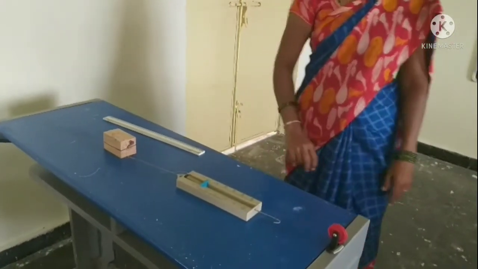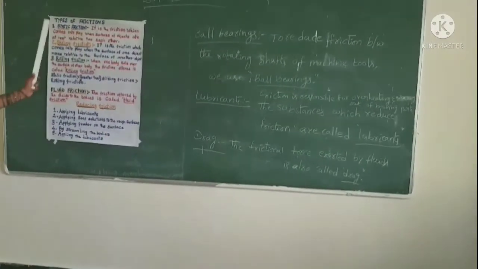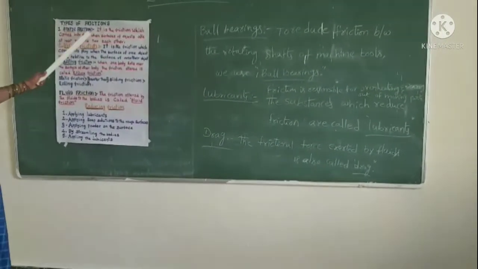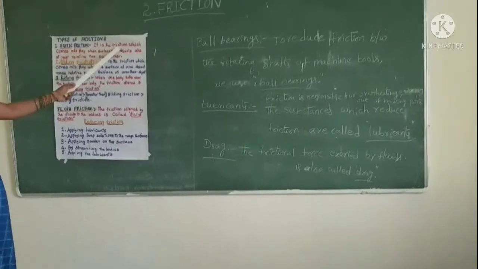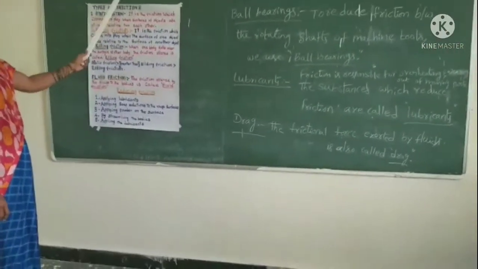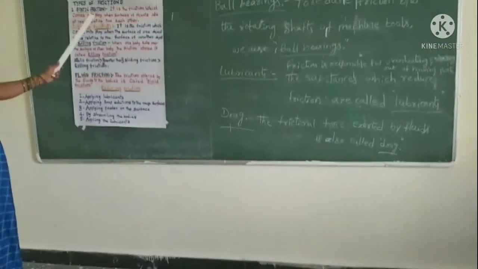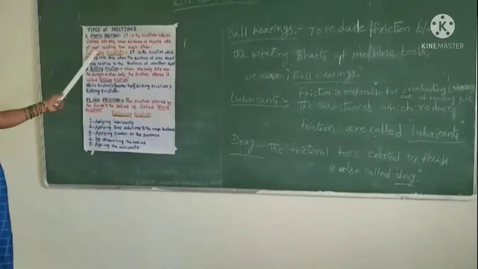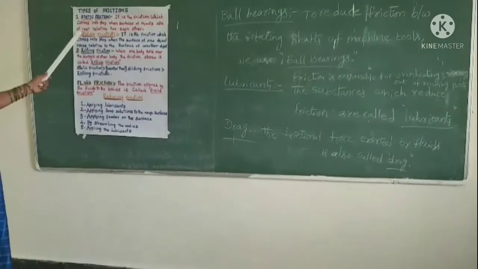Okay. Types of friction. Static friction. Static friction is the friction which comes into play when the surfaces of objects are at rest relative to each other.